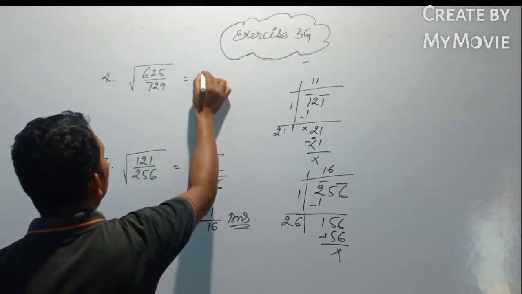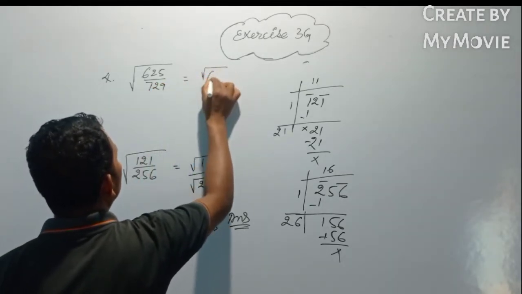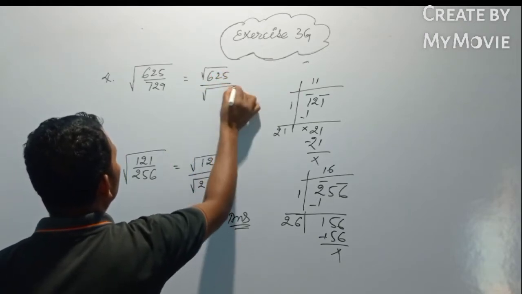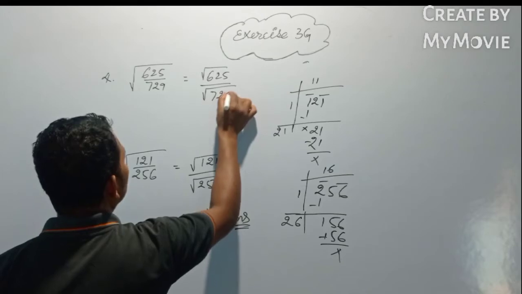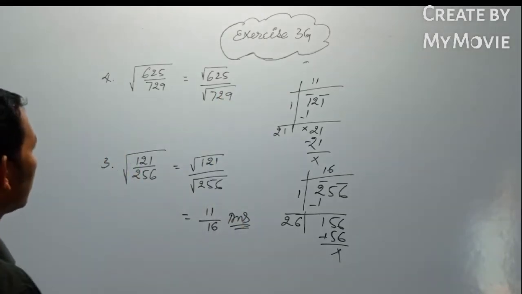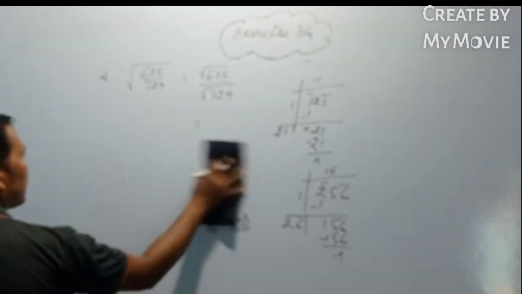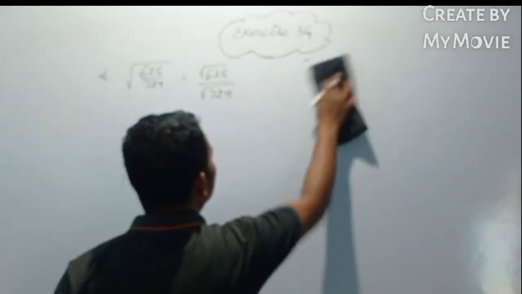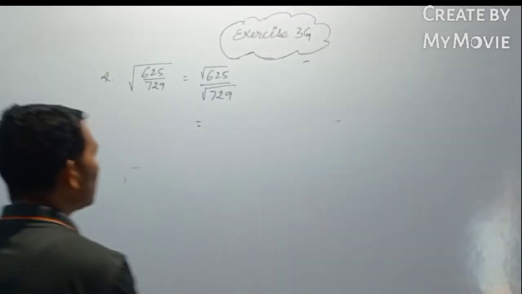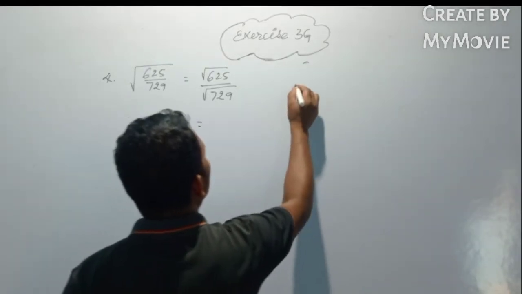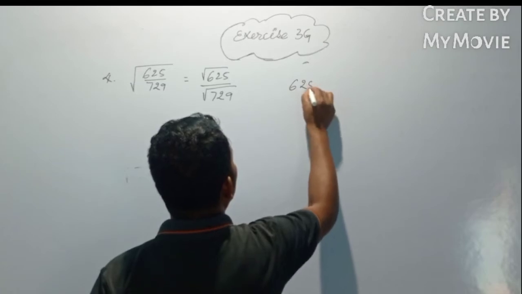So this will be equal to square root of 625 upon square root of 729. Let us find out the square root of 625 by long division method. 6 2 5.